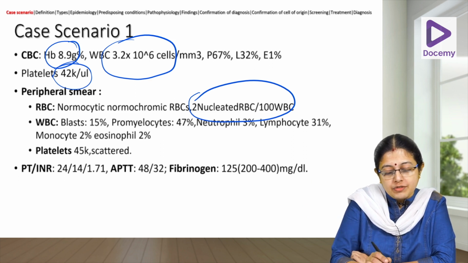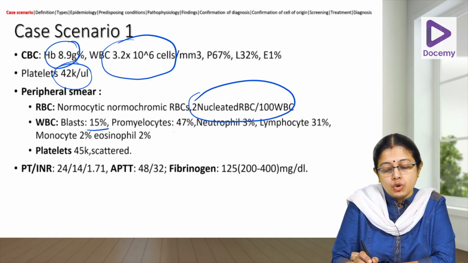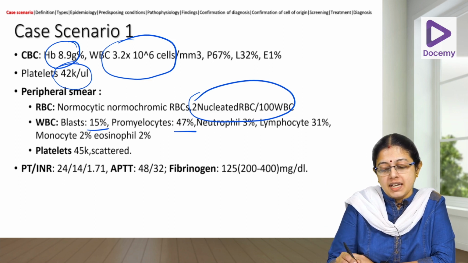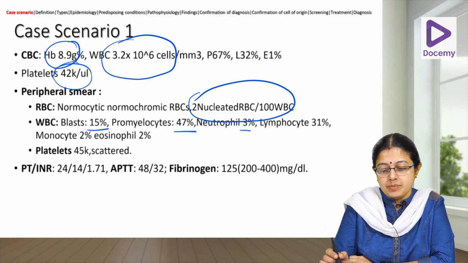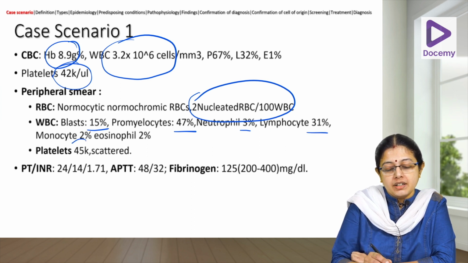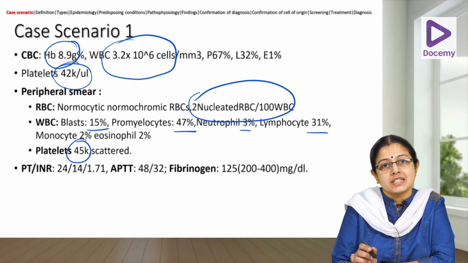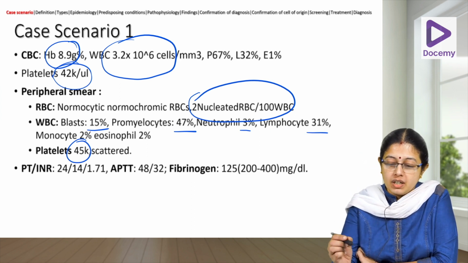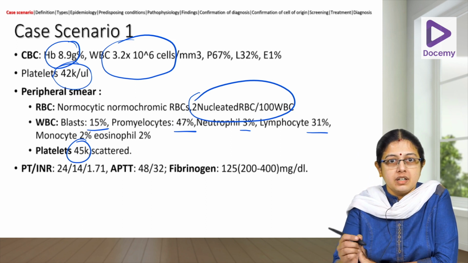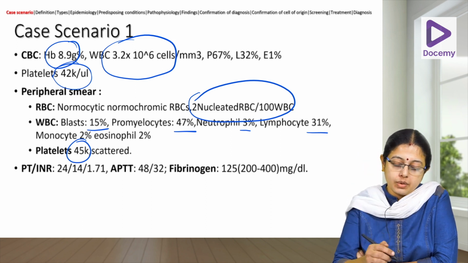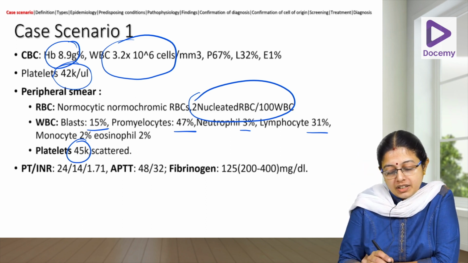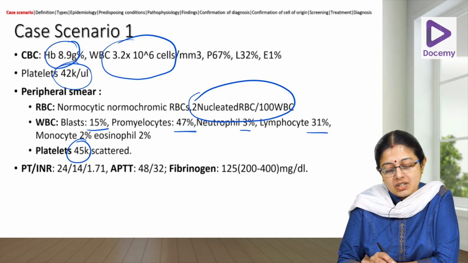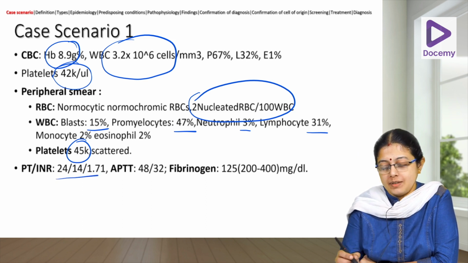And you actually have 15% blasts, promyelocytes of 47%, neutrophils only 3%, and lymphocytes 31%, and platelets of 45,000. When you look further into the other coagulation parameters, you would see that this patient has a prolonged prothrombin time.